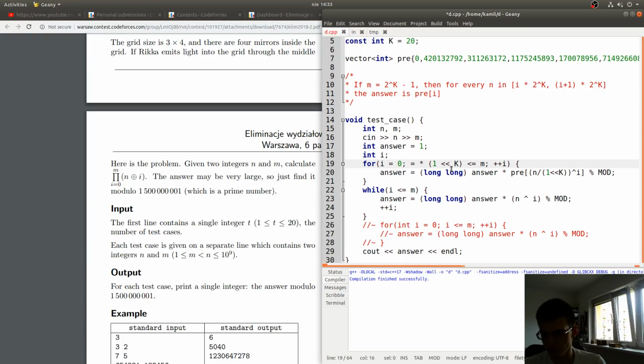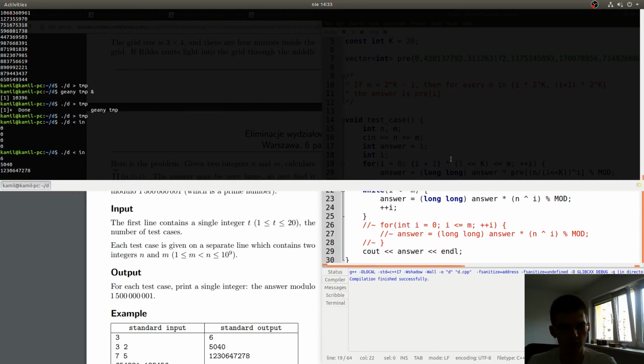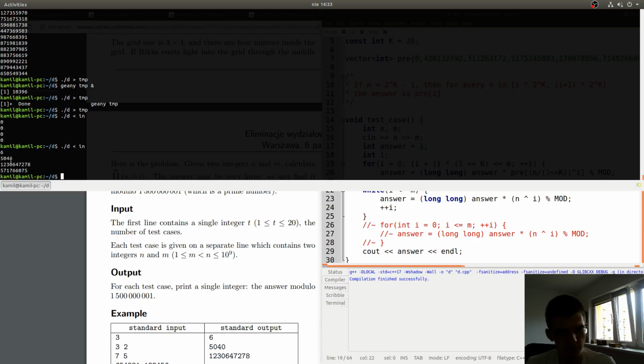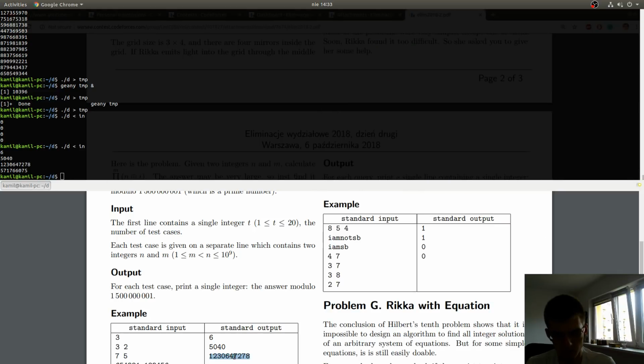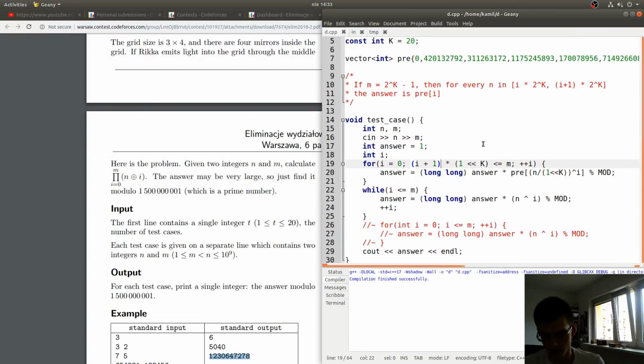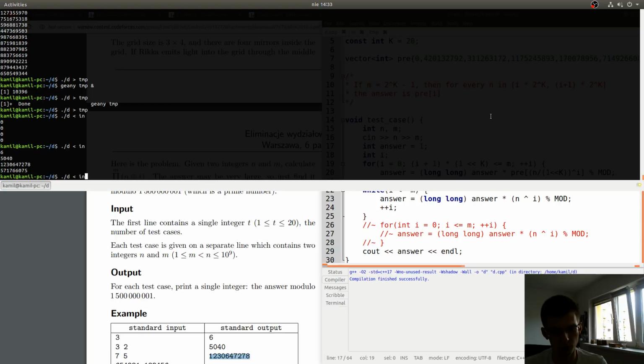What should be done is here I plus 1, because it means we are at some moment and we ask if the next 1 million numbers fit into M. So let's check now. We got 6, 5000, and the next value is also okay. Let's measure the time. So now I compile with O2 optimization.